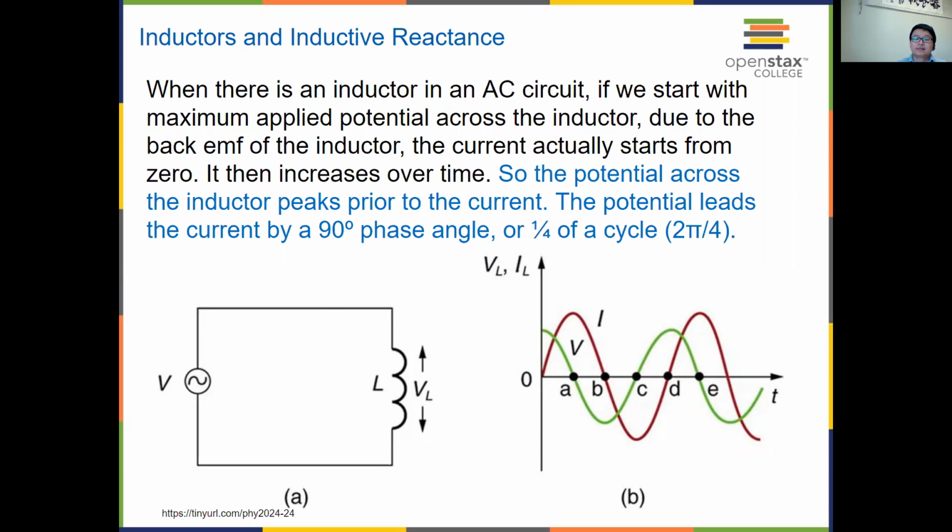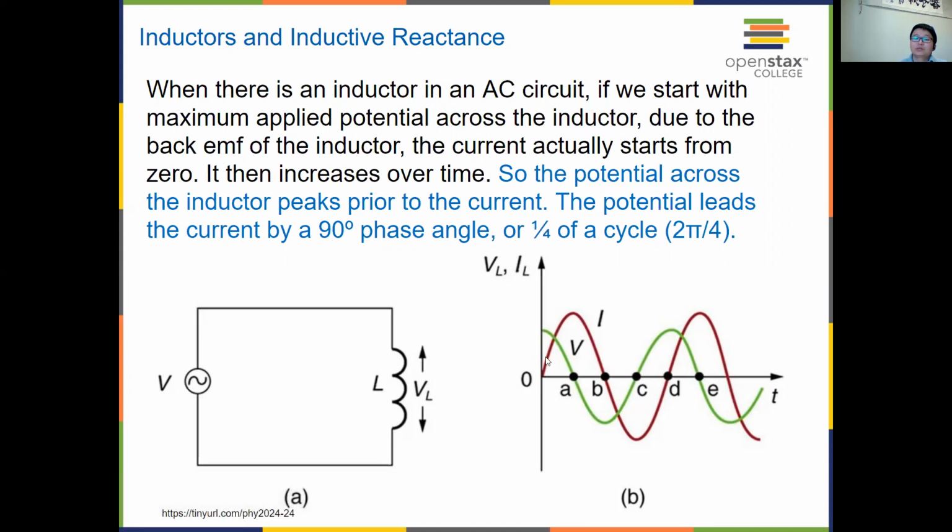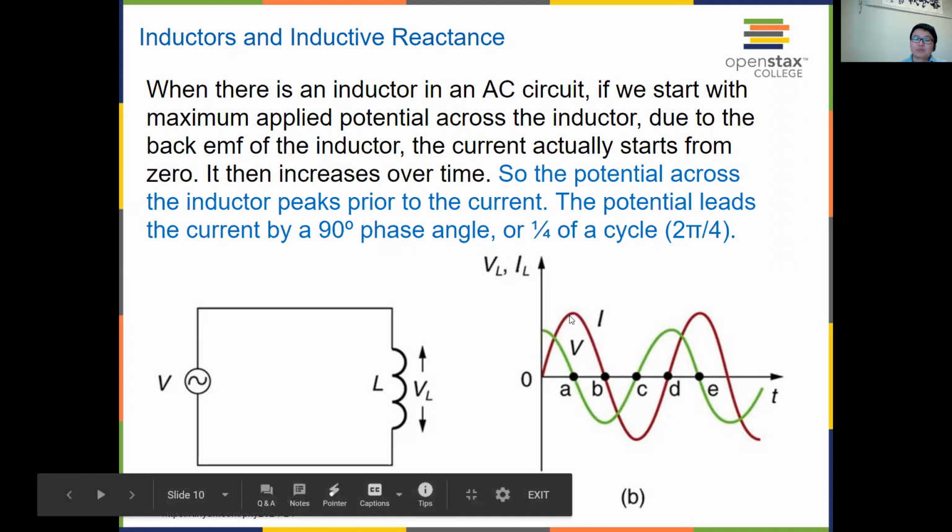So if your voltage has a peak at t equal to 0, the current will not peak immediately, because the inductor is opposing the current increasing. The current increases slowly, starting from 0 and then going up.